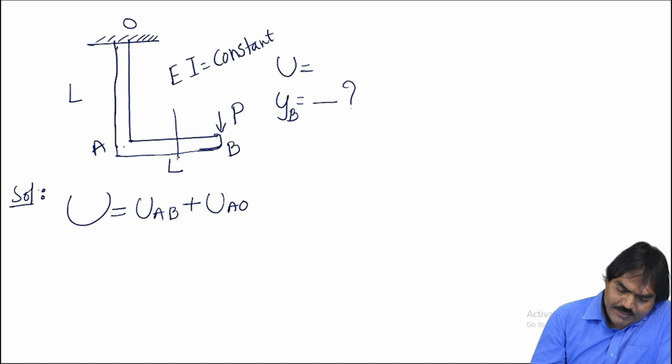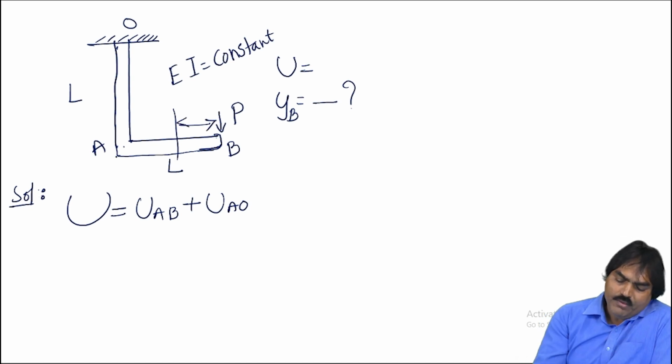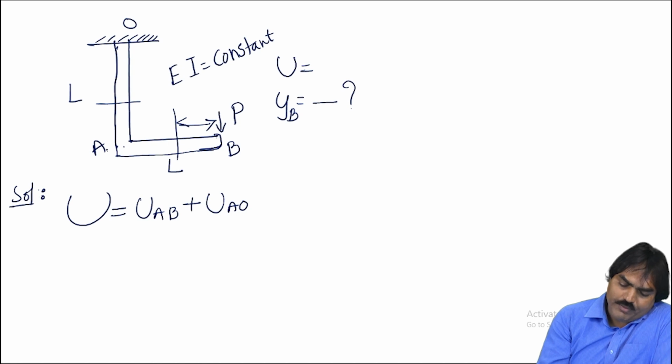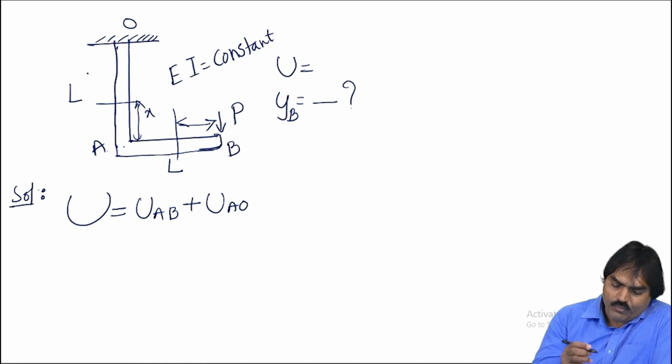When I take a section here at distance equal to x, we can get the moment between A and B. When I take one more section here from A to O, we'll get the moment in the portion OA.